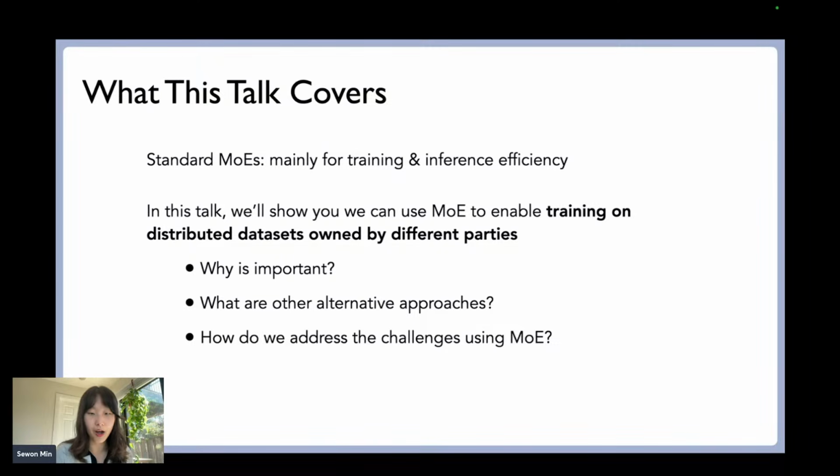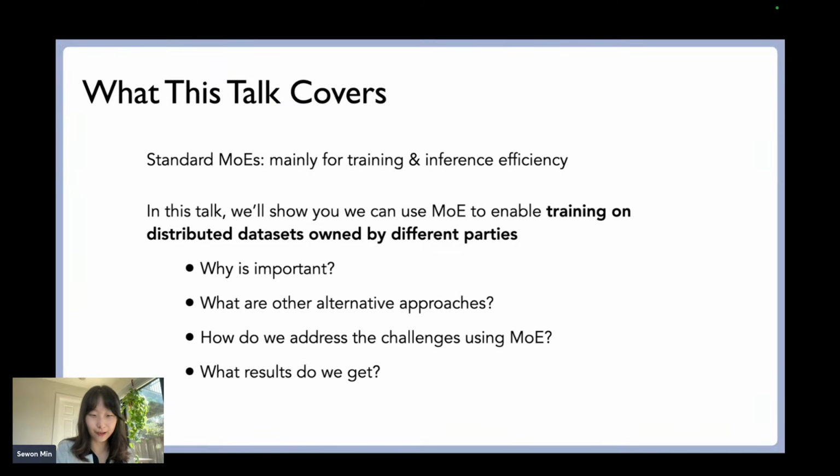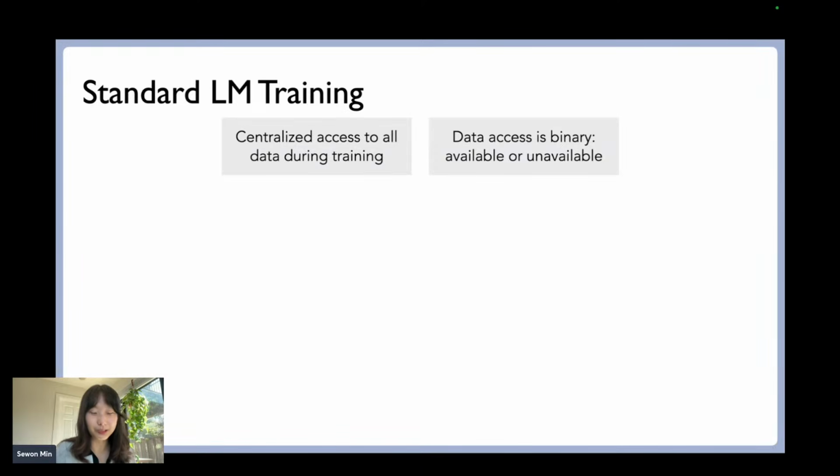Then we'll talk about our method, which uses mixture of experts, and how we address the challenges that previous approaches have. Then, of course, I'll tell you about the experiments and the results we get compared to the model without any distributed training like this, and also compared to the upper bound model that is trained jointly on all datasets altogether. Cool, so let me get started with the problem setup.